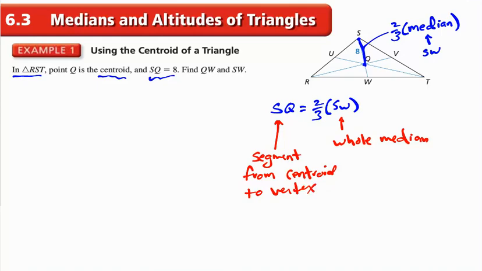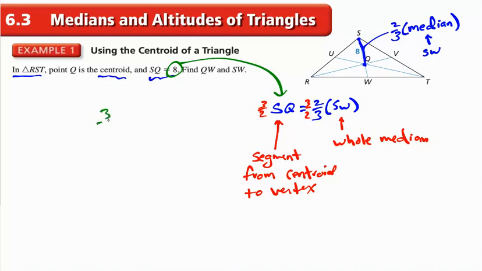And to solve this, we want to get rid of that 2/3. What do we need to multiply 2/3 by to eliminate it? Hopefully you say 3/2. So if we multiply by 3/2, we should see the 3's and 2's will cancel. But anything you do to one side of an equation, you need to do the same thing to the other side. Now let's plug in the 8 for SQ.